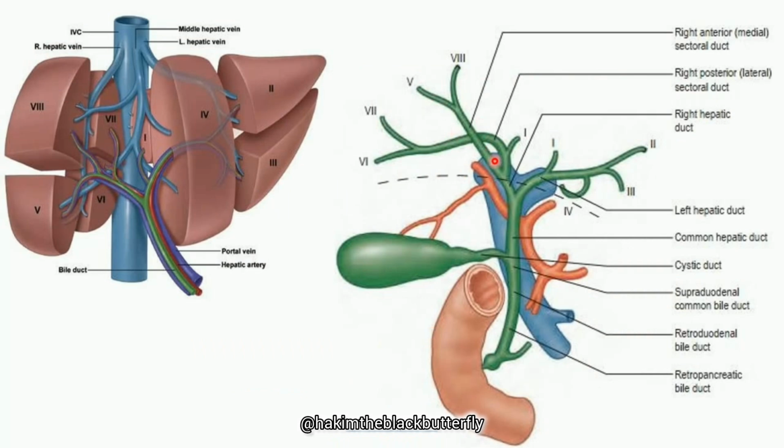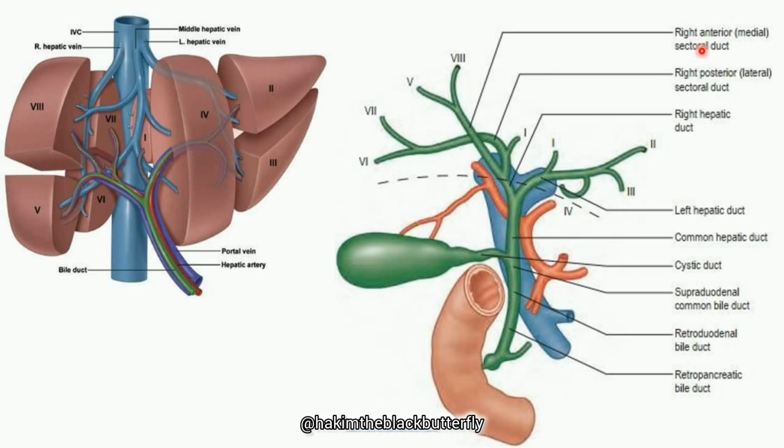Yes, we've seen that from the right physiological lobe, bile will be collected by small ductules that are going to be collecting bile from specific lobules within the segments, as you can see. And from segments 8 and 5, of course, we form what we call the right anterior sectoral duct.